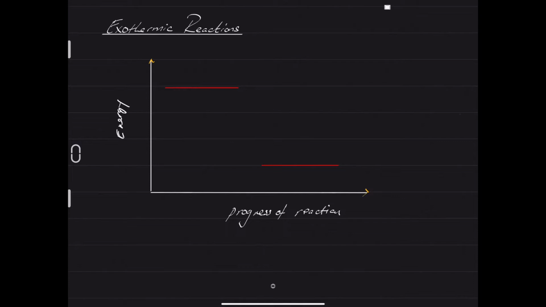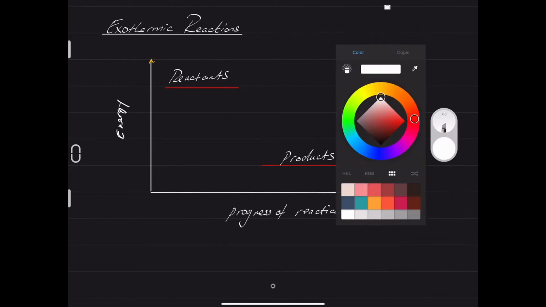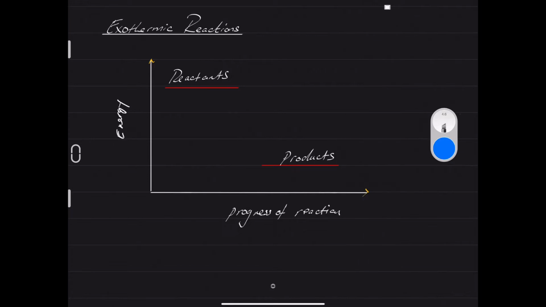Now we say that for exothermic reactions, the reactants are here and the products are lower in terms of energy as the reaction proceeds. So as the reaction proceeds, the reactants are at a higher energy level than the products for exothermic reactions. And we show this reaction as having taken place via this curved line like that.